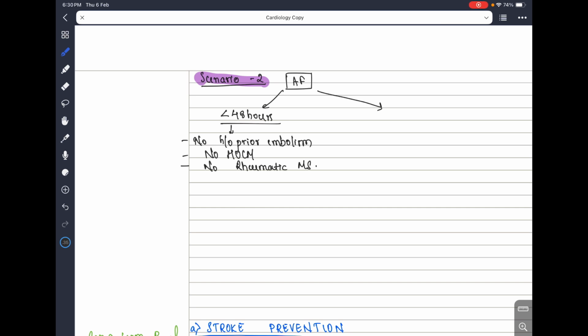In this scenario, you definitely know that the patient developed atrial fibrillation within less than 48 hours, has no prior history of embolism, no hypertrophic cardiomyopathy and no rheumatic mitral stenosis. In this case, you can directly do cardioversion.